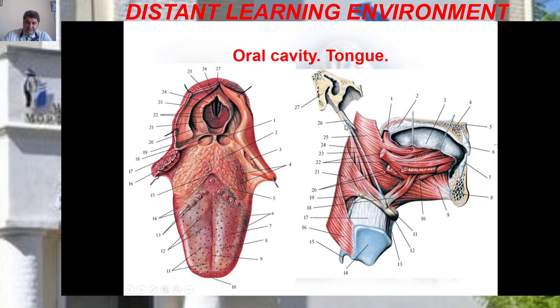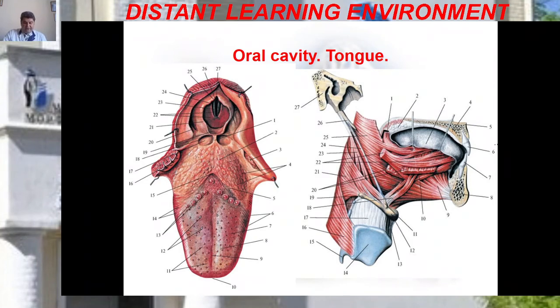Styloglossus muscle from styloid process. Superior longitudinal muscle, this is a muscle of second group or proprial tongue muscles, and inferior longitudinal muscle.